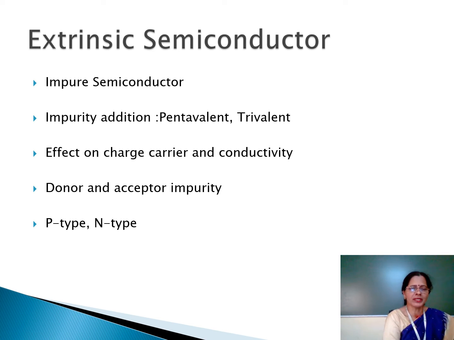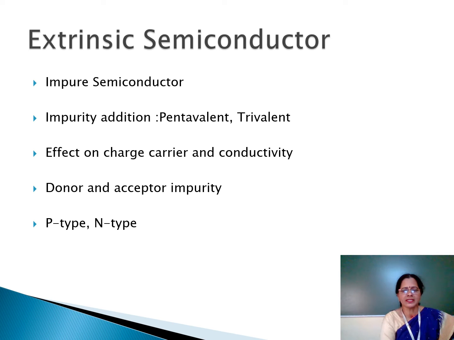So impure semiconductor means something is mixed with the semiconductor. Basically, with the pure semiconductor, some impurity materials are added to get the extrinsic semiconductor. And there are some special impurity materials named trivalent material and pentavalent material.